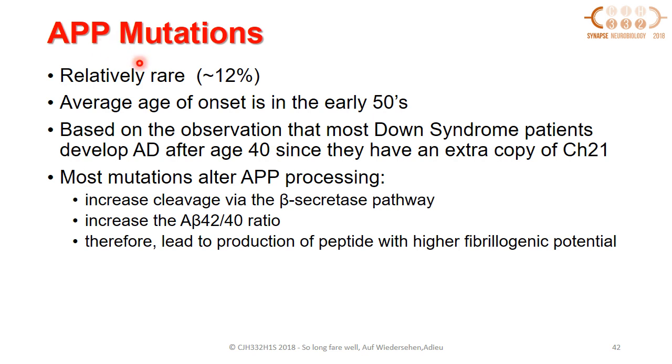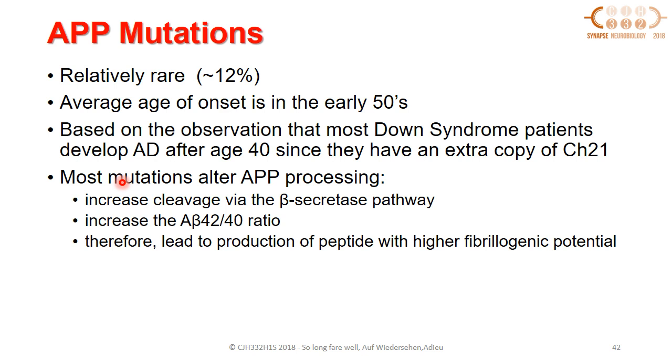So APP mutations, generally speaking, are relatively rare. The average onset of Alzheimer's disease in individuals with APP mutations is in their early 50s. And again, one of the reasons why we know this is that if you look at someone who has Down syndrome, they will have an extra copy of chromosome 21.